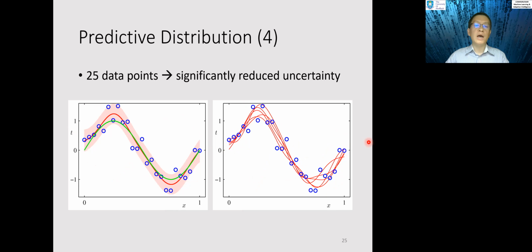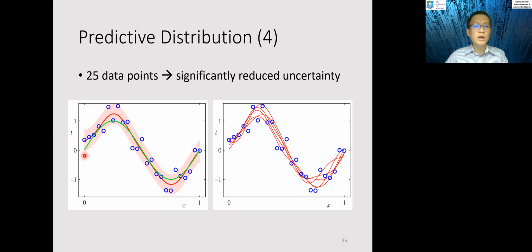And after we have observed 25 data points, now the uncertainty has been significantly reduced. So again, this red curve here is the mean of our output distribution, and the shade indicates the variance. So that is the uncertainty.